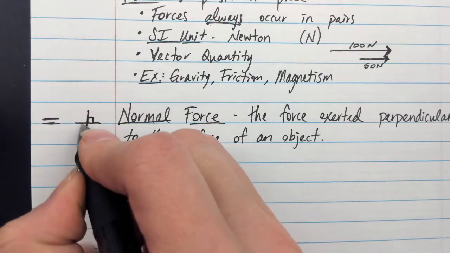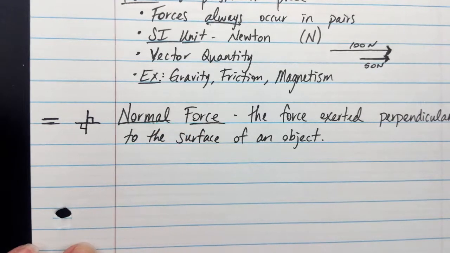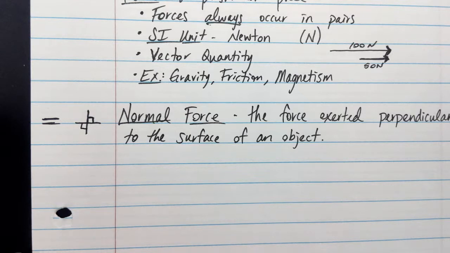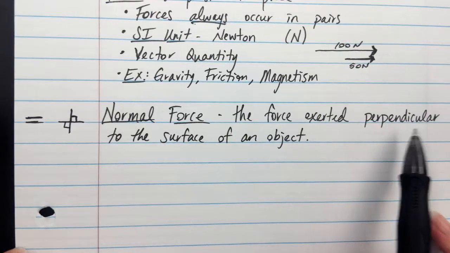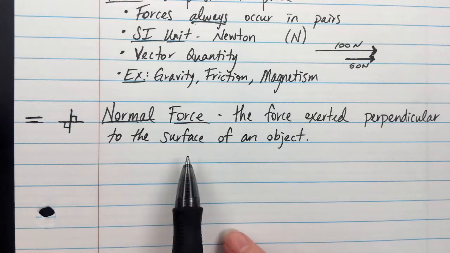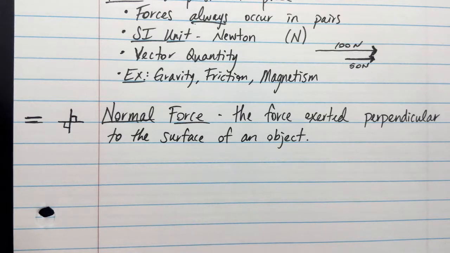That's perpendicular lines too. The perpendicular form a 90. Okay, but here's the thing. The perpendicular is basically coming out of the surface, which is weird, I know.